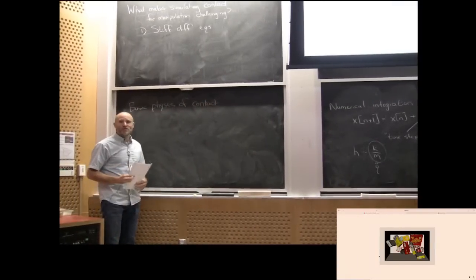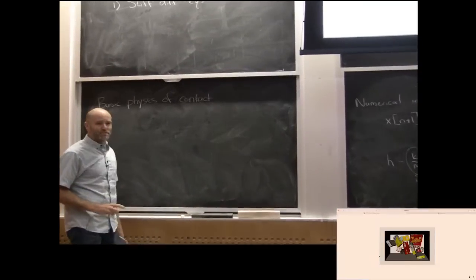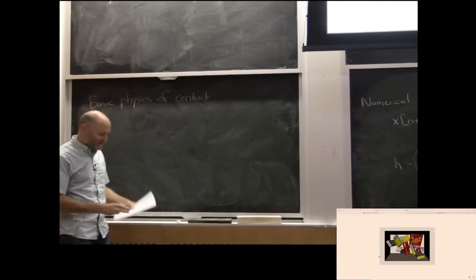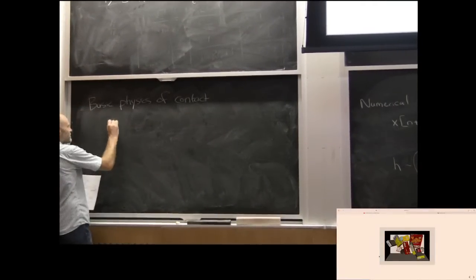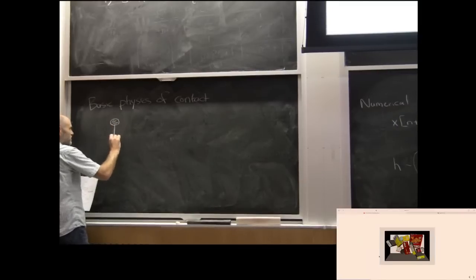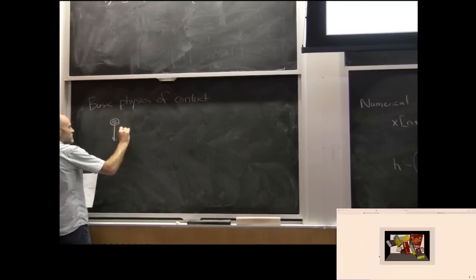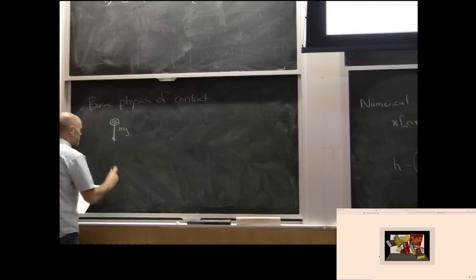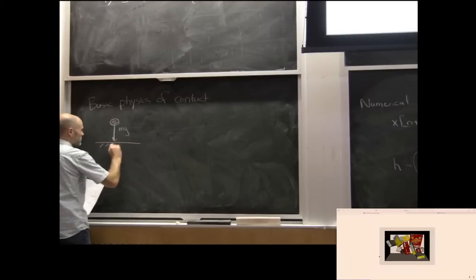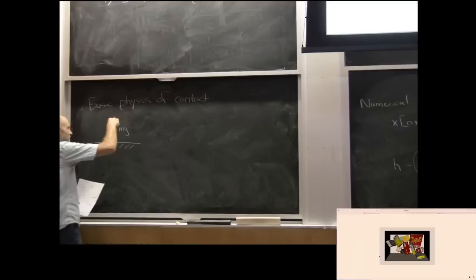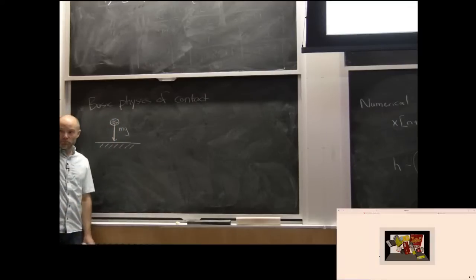I'm going to take almost the same example, but I'm going to put a contact inside it. In fact, I'll do it in the vertical plane this time instead of the horizontal plane, so I'm pulling down with mg. And I've got a ground here, and I want to think about what happens if my point mass goes into the ground.